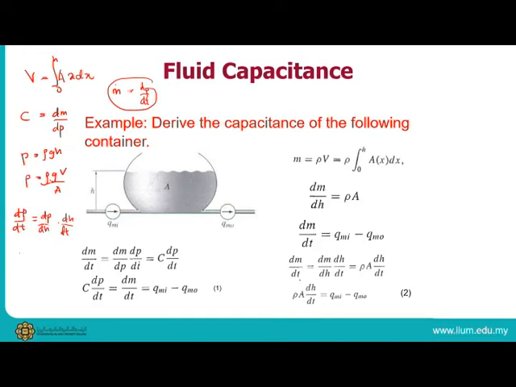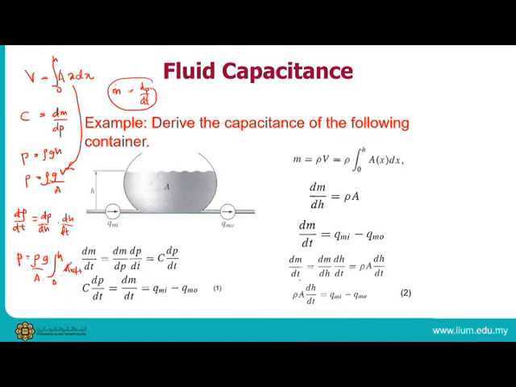So dp over dh should be equal to, if you insert the volume equation here, you can get p equal to rho g over A, the integration from 0 to h of A dx, right? X dx, right?